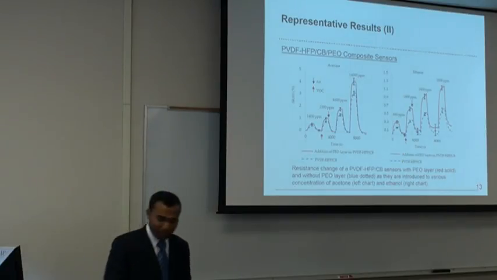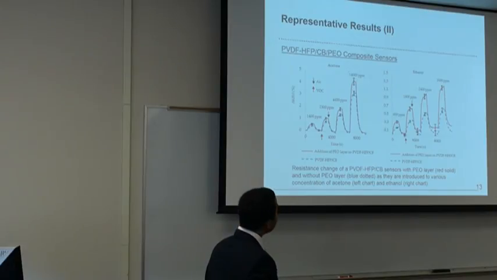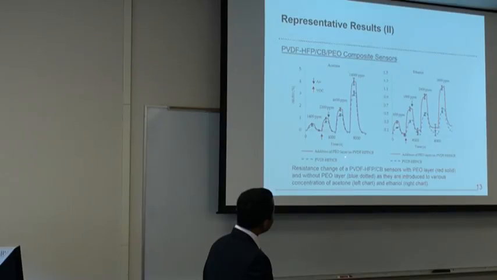The second variation of the sensors we made is still with PVDF-HFV, but with carbon particle and PU composite sensors. We were making the sensor to get more differentiation between one sensor and another. Here, the blue dotted lines are just these two materials, and the red line is when you add the PU layer.